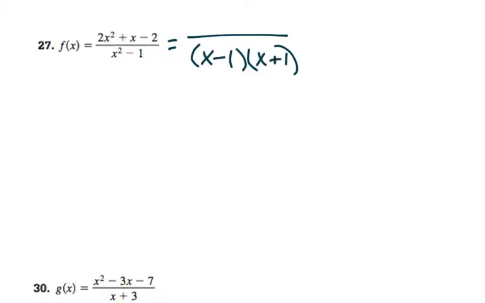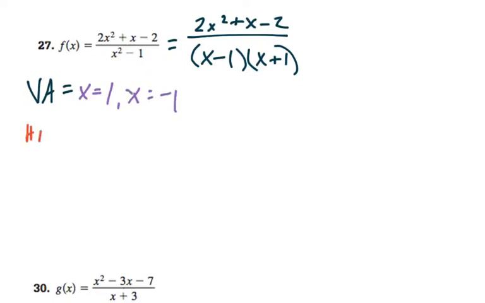It turns out the numerator is actually unfactorable, but that would just mean we'd use the quadratic equation. Starting out with our vertical asymptotes, that's when the denominator equals 0, so our vertical asymptotes are at x equals 1 and x equals -1.